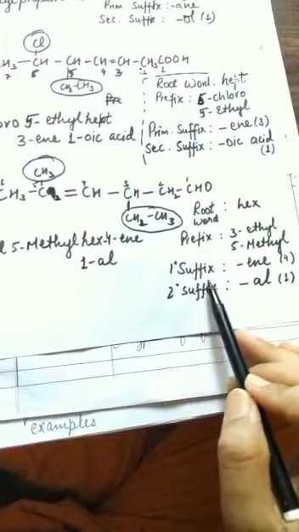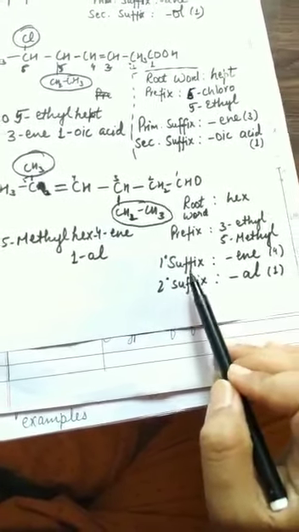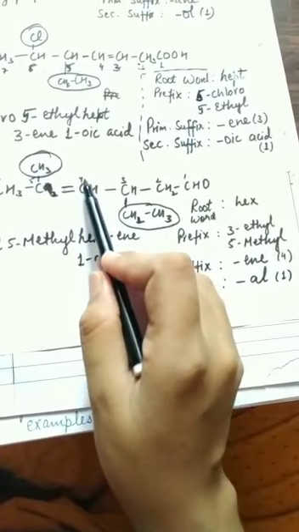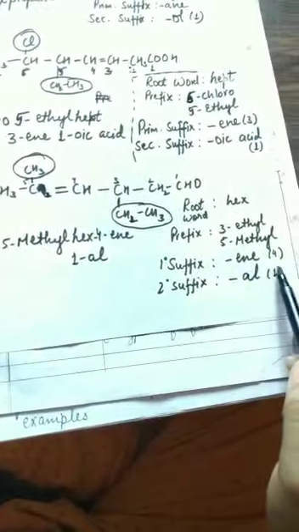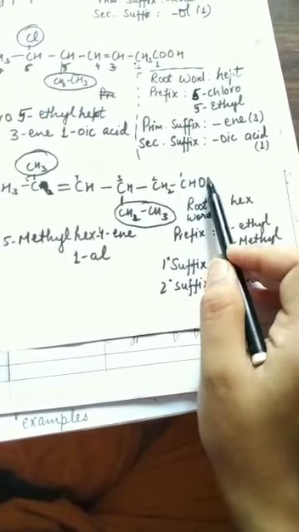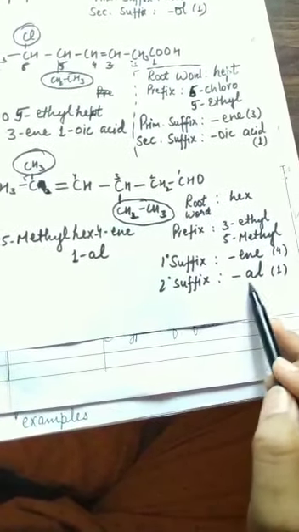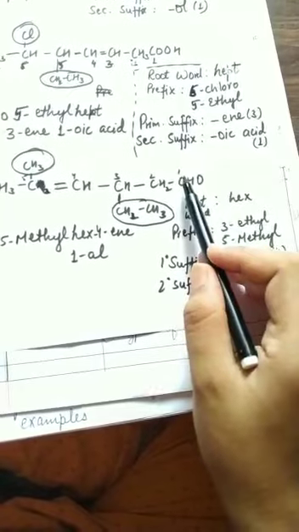Then suffix, 1 degree suffix, that is the primary suffix I am talking about. Primary suffix, double bond is present, so ene is at the position 4. At fourth position ene, and then functional group CHO, that is aldehyde. Aldehyde is there, so what we will write? Al. So secondary suffix is al at first position.